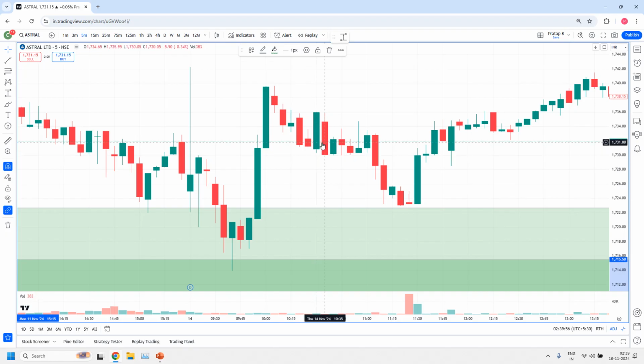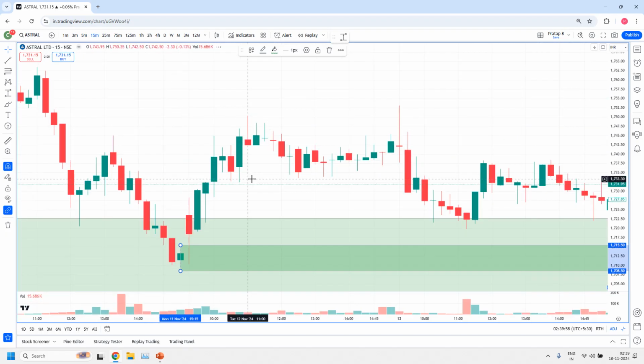Moreover, what is the time stamp of this 15 minutes candle? See here, the time stamp is 12th November 9:15. That means 12th November, first 15 minutes candle. If you look into the 5 minutes candle, it is a 9:15 candle, 9:20 candle and 9:25 candle. Those 3 candles are very important for us.